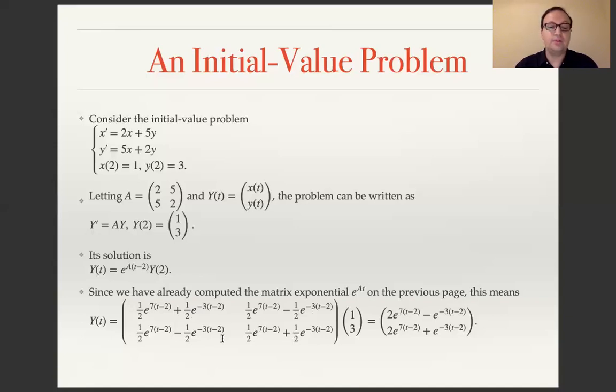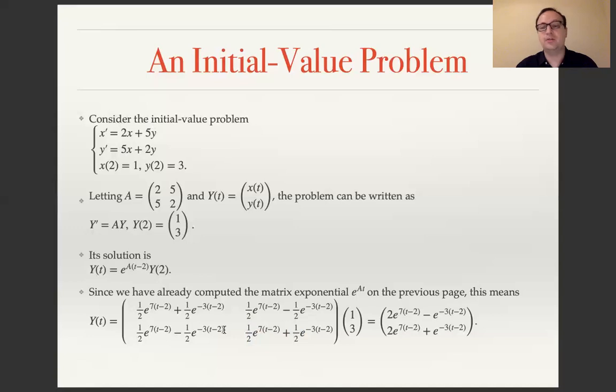The third component is the same as the second component, and the fourth component is the same as the first component. This is because the coefficients of the original system 2, 5, 5, 2 are very symmetric, so we get a matrix exponential that also looks very symmetric.